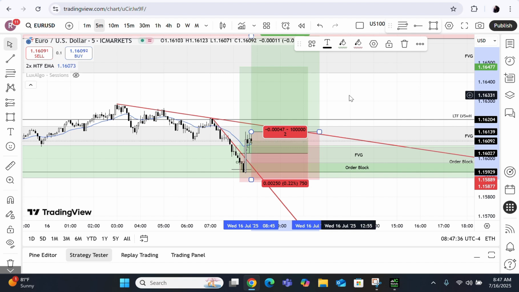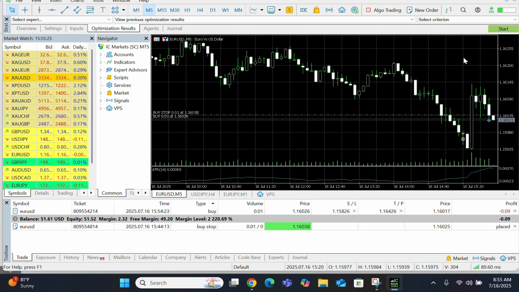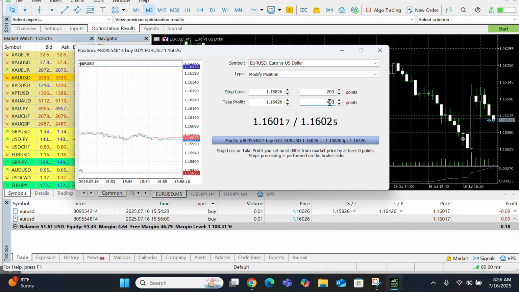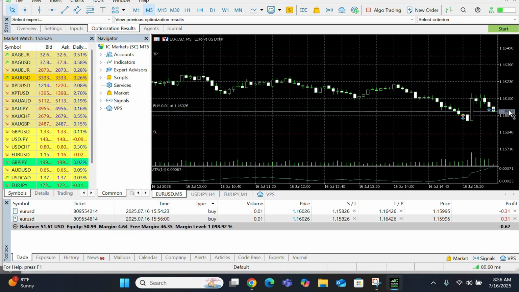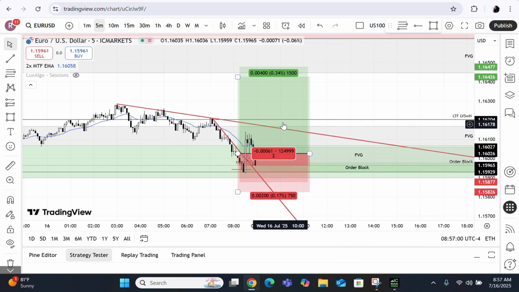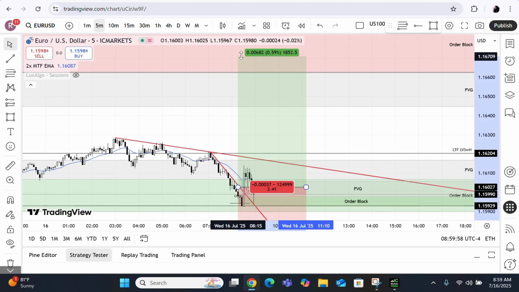I decided that I needed to get a better entry. As price retraced and moved down, I dragged my buy stop down. So this is where I finally got my buy stop to the same area as my first entry. My stop loss was 20 pips. My take profit was initially 40 pips, but then I decided to increase it to 60. So that's my entry. Let's just watch this play out.